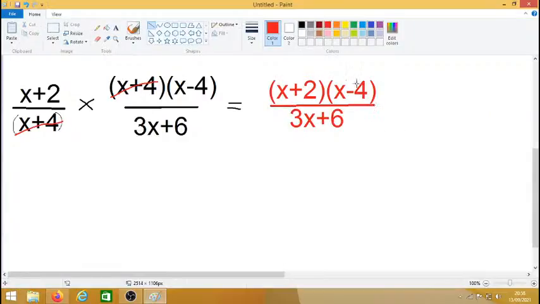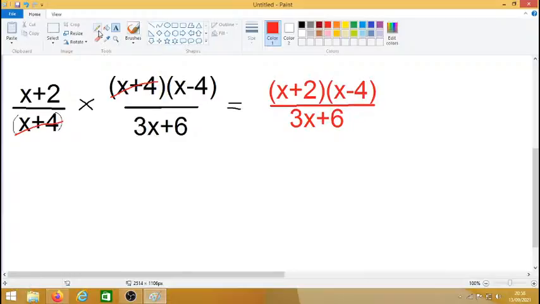You can multiply out those brackets. But we're not finished yet, because we have to look at 3x plus 6 as well. What can we do with the 3x plus 6? Where did that originally come from?